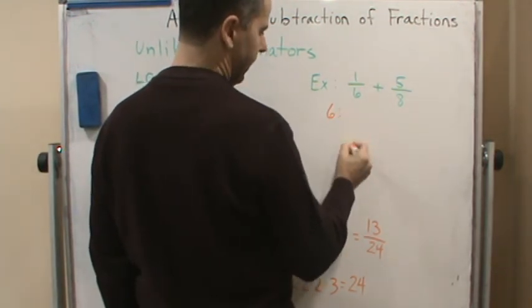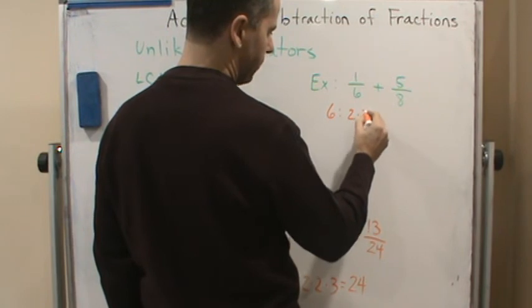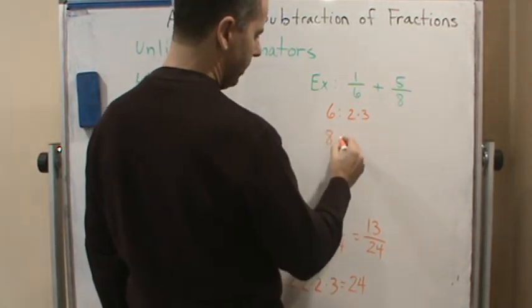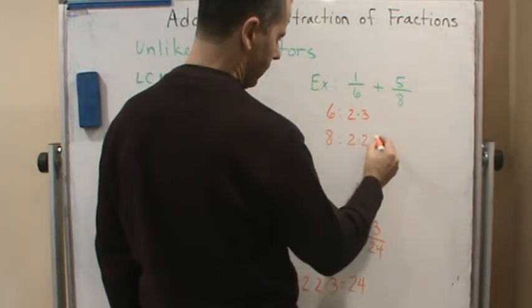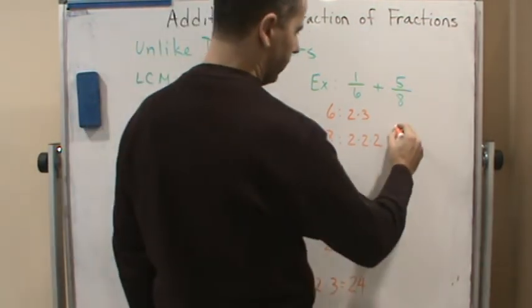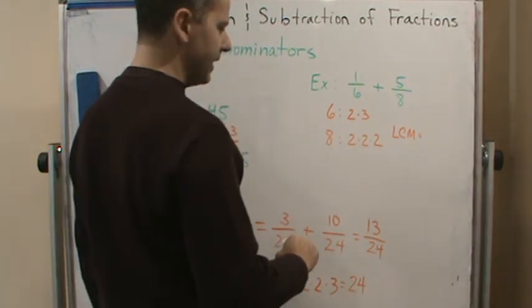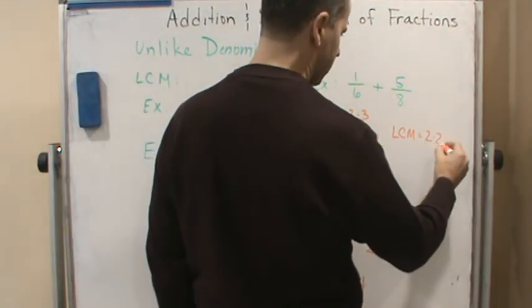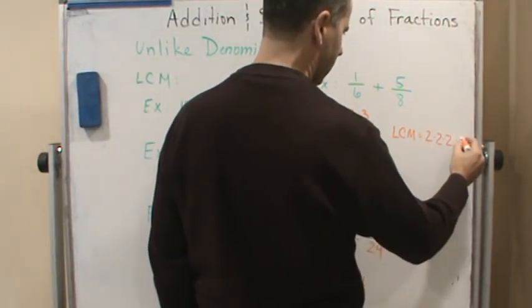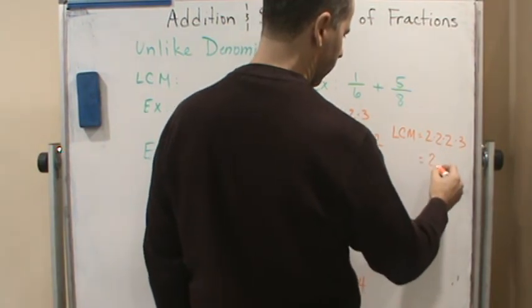So we get 6, and this becomes 2 times 3. And 8 is 2 times 2 times 2. And so the least common multiple of 6 and 8 is going to be 2 times 2 times 2 times 3, which is 24.